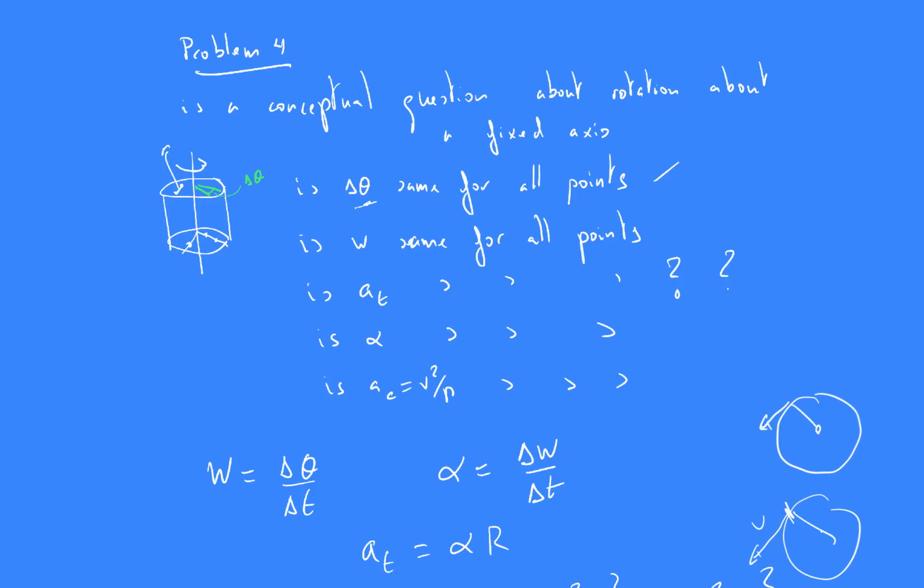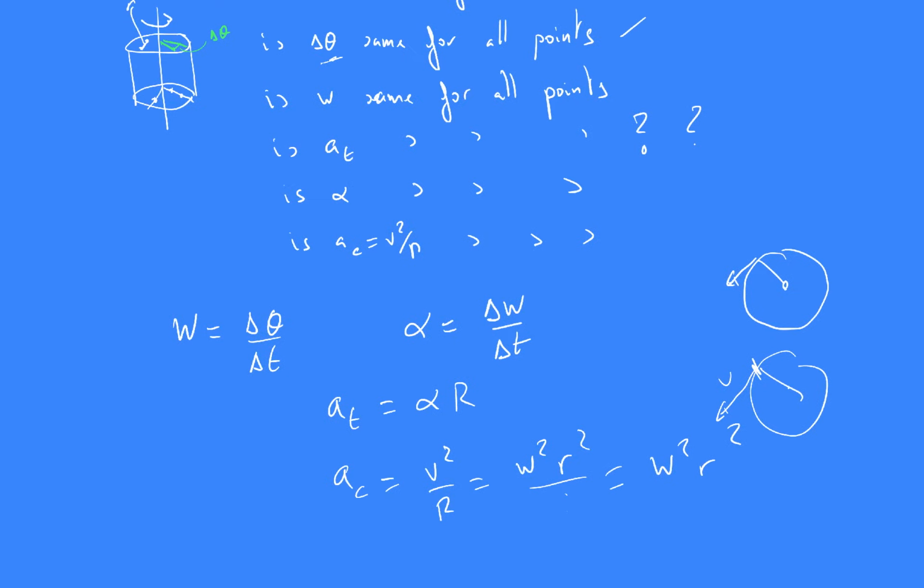This is the meaning of the tangential acceleration. There is a change, but in the tangent. The tangential acceleration is related to the angular acceleration as a_t equals alpha times r.